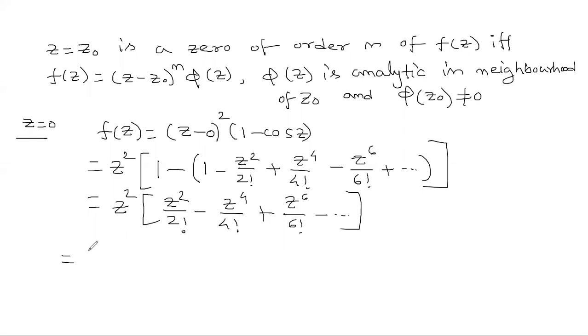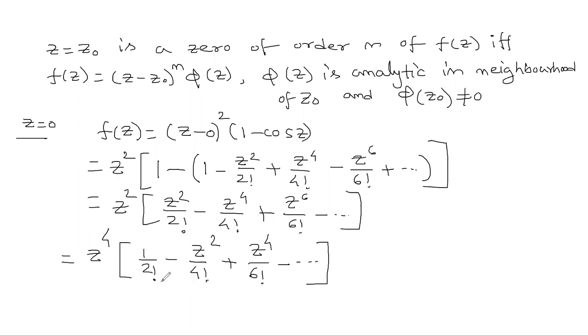That is equal to z power 2 times (1 by 2 factorial minus z squared by 4 factorial plus z power 4 by 6 factorial, and so on). Now if I choose this to be our phi(z), then f(z) can be written as (z minus 0) to the power 4 into phi(z), and here this phi(z) is analytic.